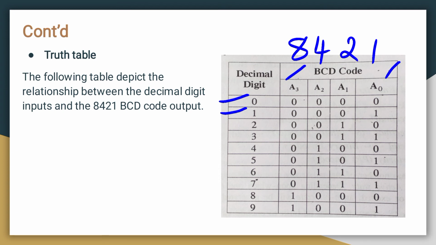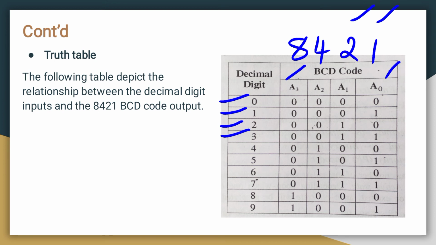So next one, for 1. If you want 1 as a decimal digit, then for the one place you have to write 1. Then we will get a 1. If you want the decimal digit 2, then you have to write 1 for the 2 place. If you want the decimal digit 3, then you have to write 1 for the combination of it, that is 2 and 1.